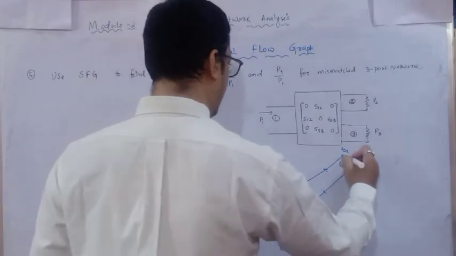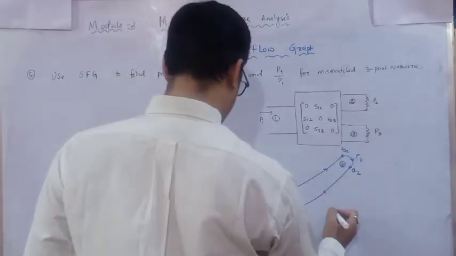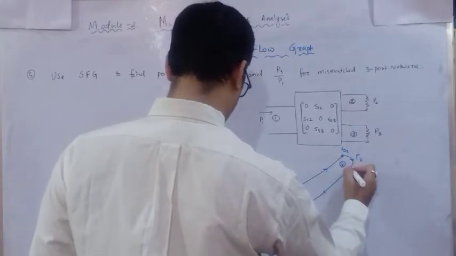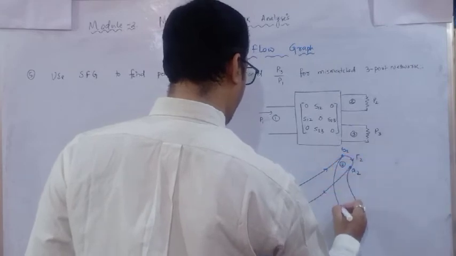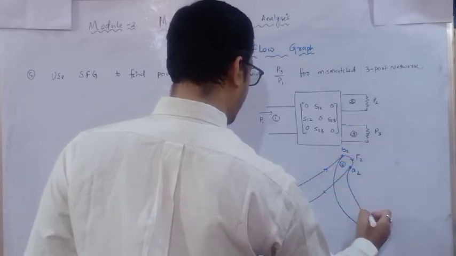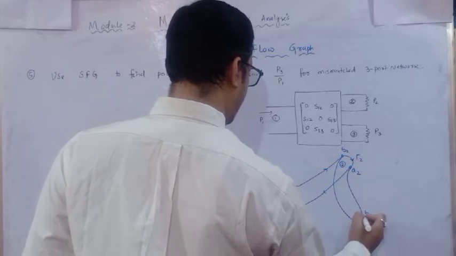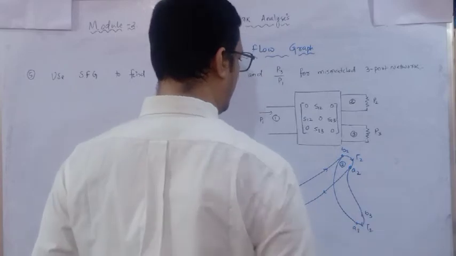And this is the reflection coefficient at port 2, and we have this is B3 and this is A3, and this is the reflection coefficient of port 3.